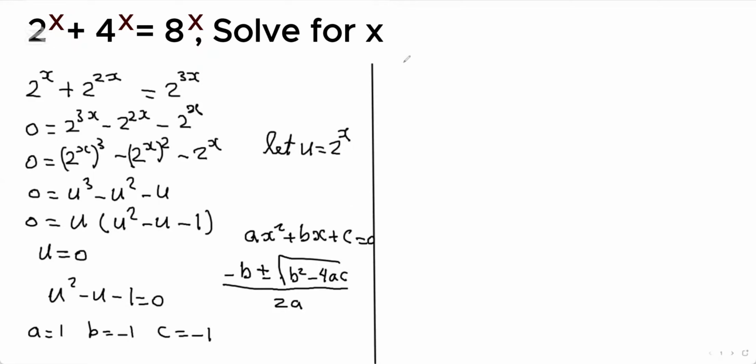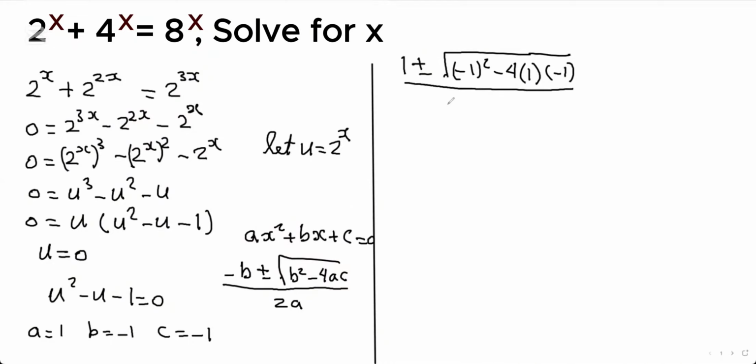So b is negative 1, and we have negative b, so negative and negative 1 will be just positive 1, plus or minus b squared, so just negative 1 squared, minus 4 times a, which is 1, and c, which is negative 1, all over 2a, and that's just 2 times 1, which gives me 1 plus or minus negative 1 squared is 1, and this is 4 times 1 times negative 1 is negative 4.